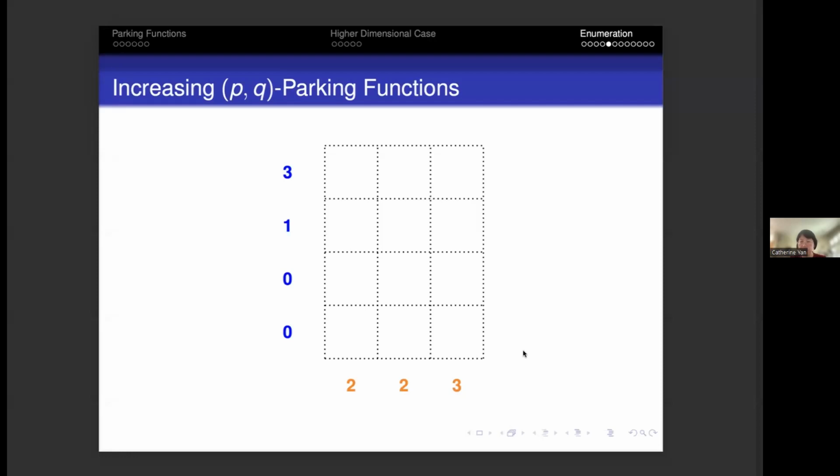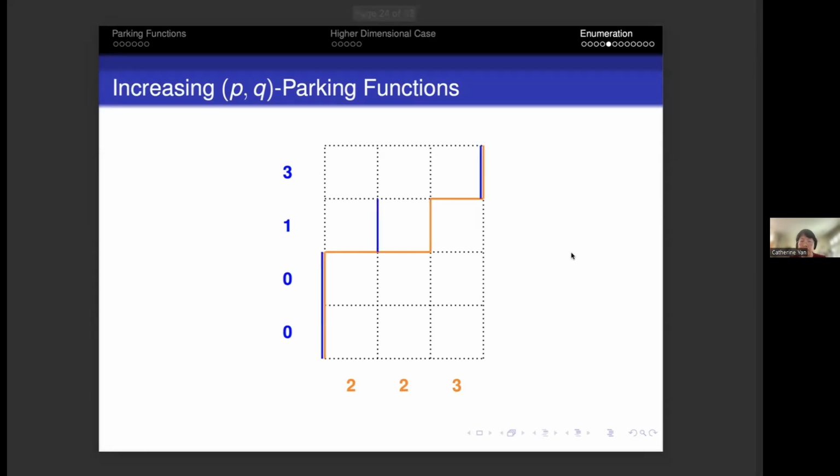Let me explain how. Here is my grid, and I forget about the weight, and there are the two increasing sequences. For the bottom one, 2, 3, I just draw horizontal steps at heights 2 and 3. Now connecting them by vertical steps, it is a lattice path from the lower left corner to the upper right.